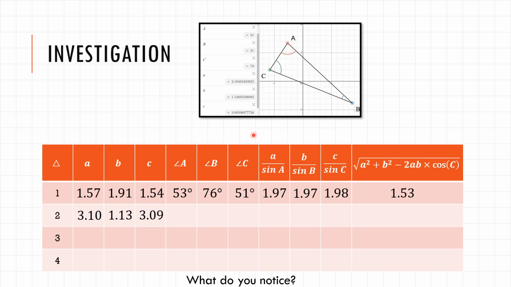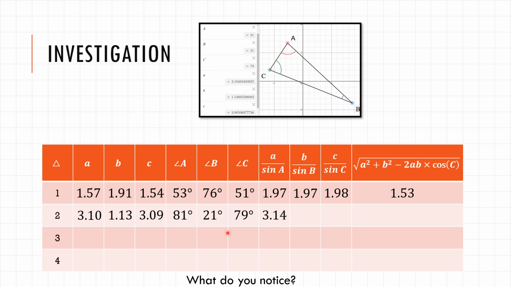Angle A, B, and C are also given to me. And that's 81 degrees, 21 degrees, and 79 degrees. And I can fill out the rest of the table quite easily using these 6 values. By doing that, by taking 3.10 and dividing it by sine of angle 81, we would get about 3.138, and there's some more decimals after that, and we'll round that to about 3.14.